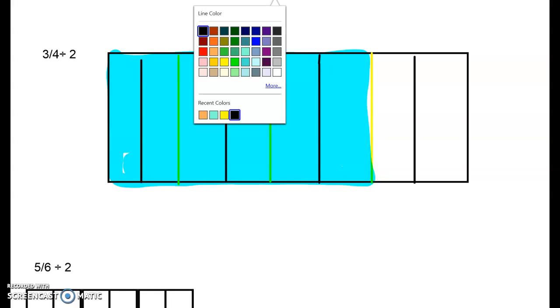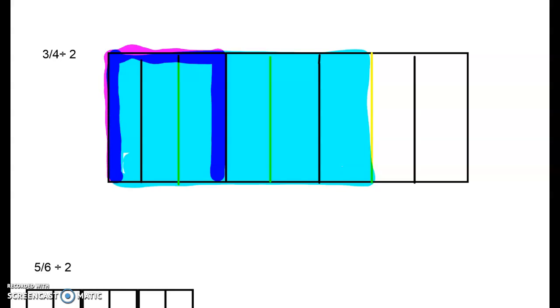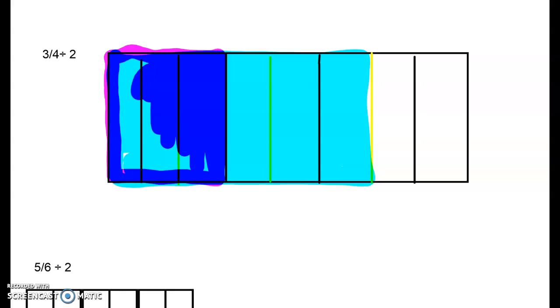All right. Now, 3/4 divided by 2. I need to shade that. I'll take a different color. So the blue part is what I was going to divide by 2. So if I divide it exactly in half, I'm shading this much. The dark blue is exactly half of the original 3/4.